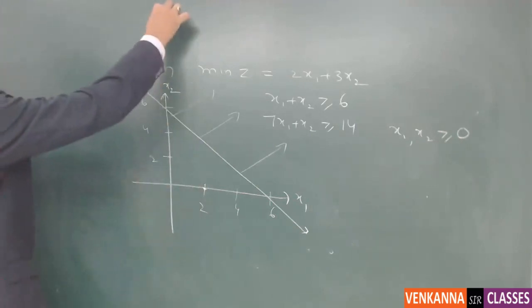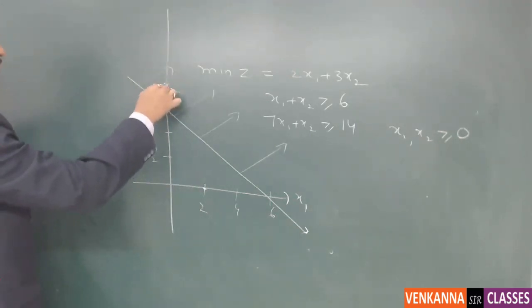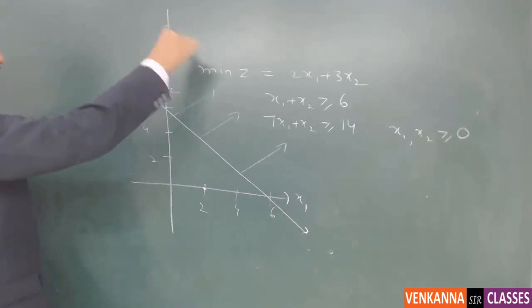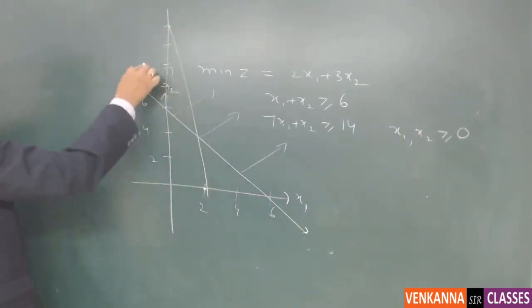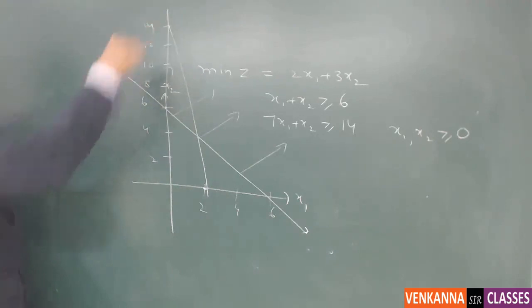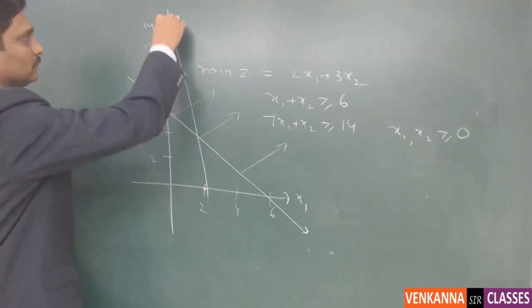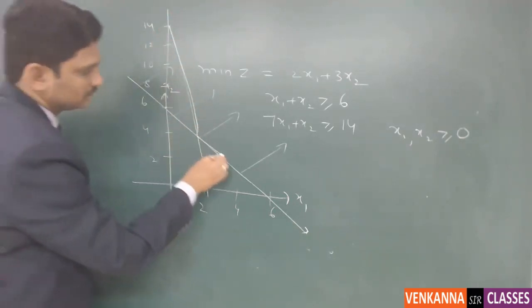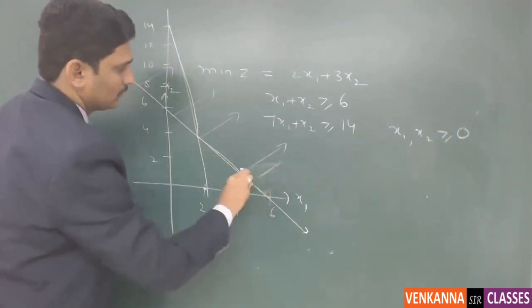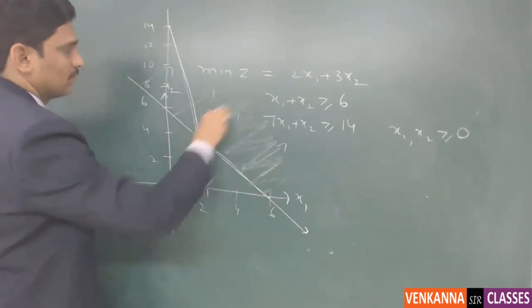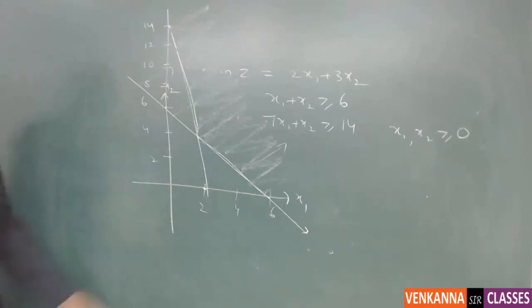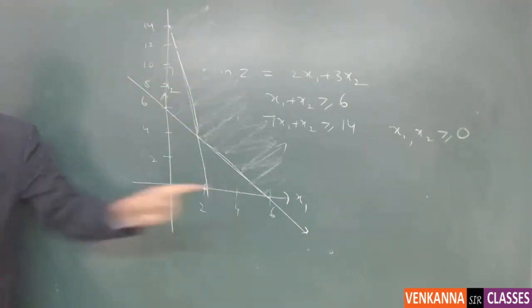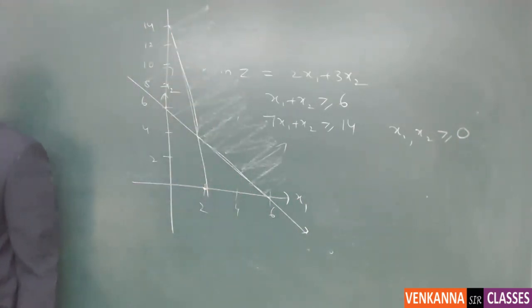So if we extend this, say 8, 10, 12, 14, it will come like this. So this will be the feasible region, right?